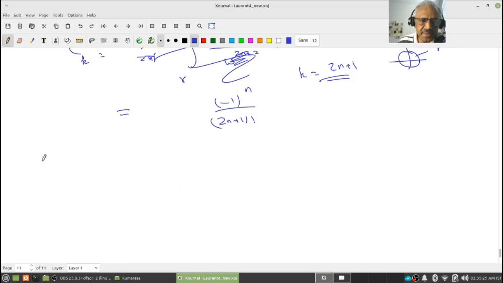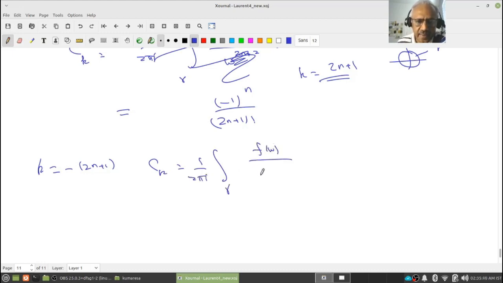Therefore ck is going to be 1 by 2 pi i integral over gamma of f of w by w power k plus 1.